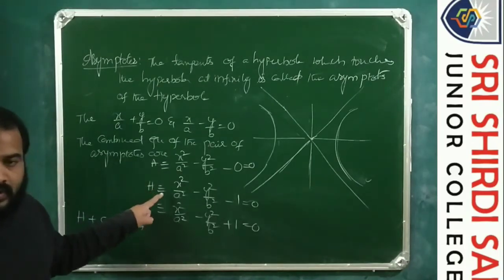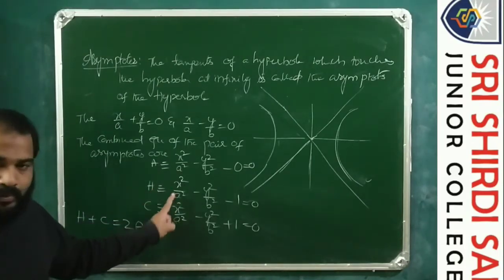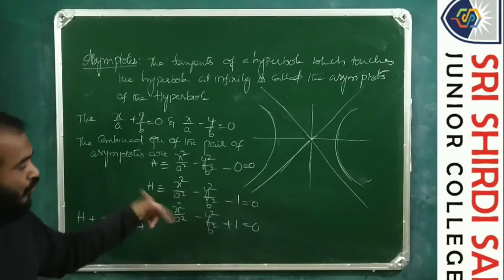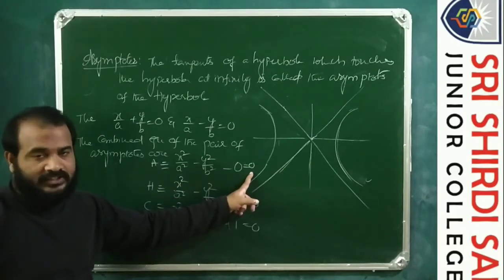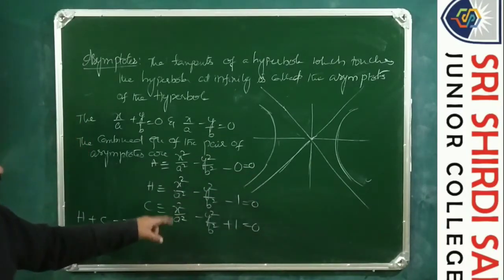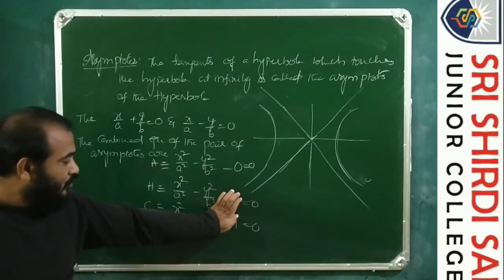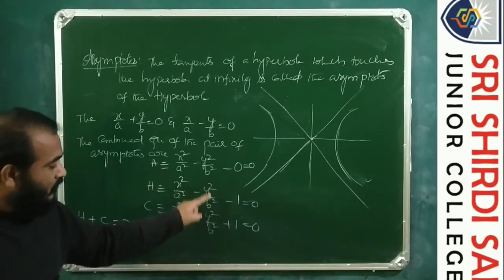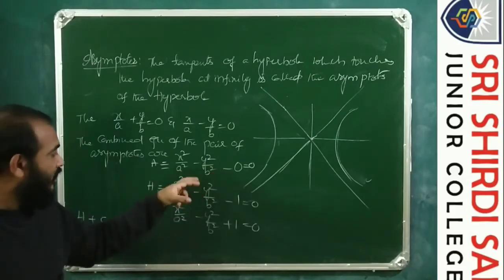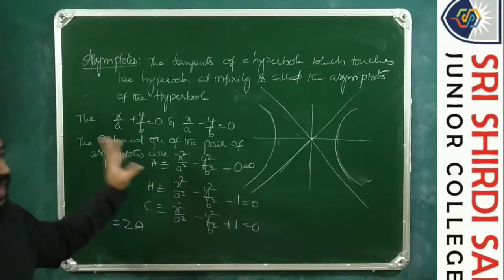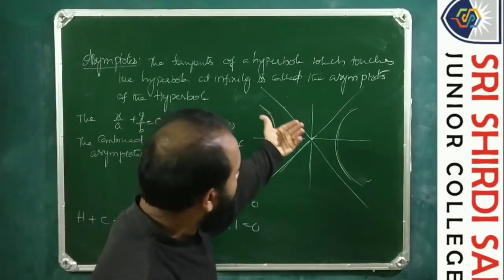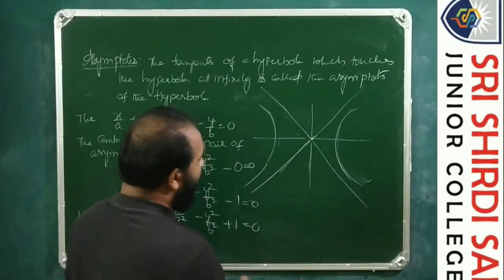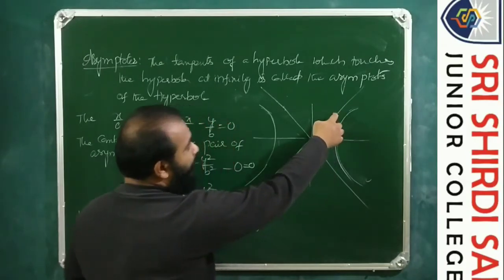So if we add the hyperbola and the conjugate hyperbola, we get 2 times the asymptotes. The constants cancel, so we get 2 into x square by a square minus y square by b square, and that is the asymptotes.